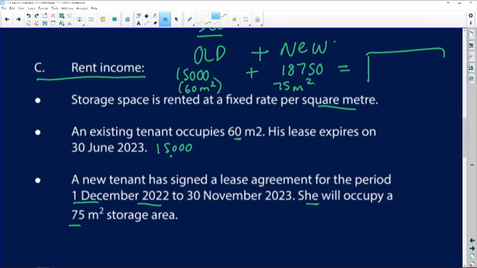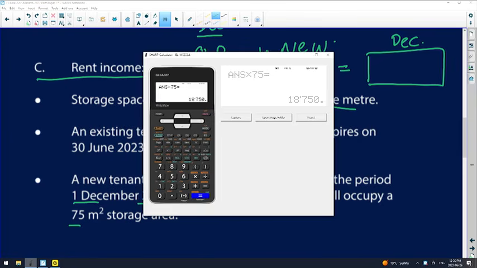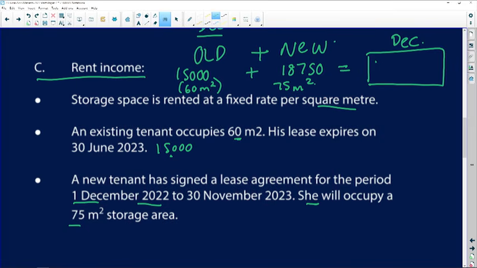So the total rent I'm expected to receive in December should be 18,750 from my new tenant plus the 15,000 from my old tenant. So in total, the income I expect to receive is 33,750.